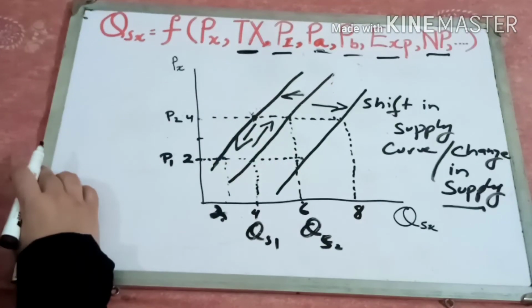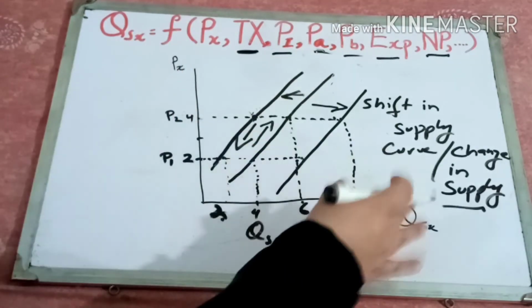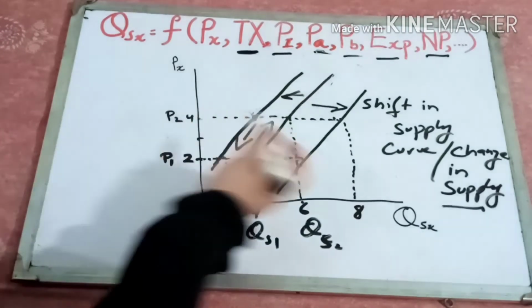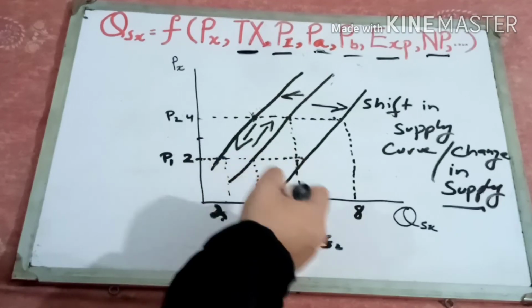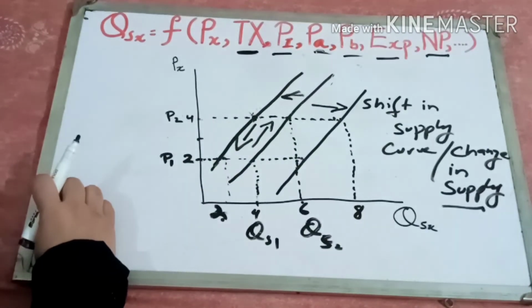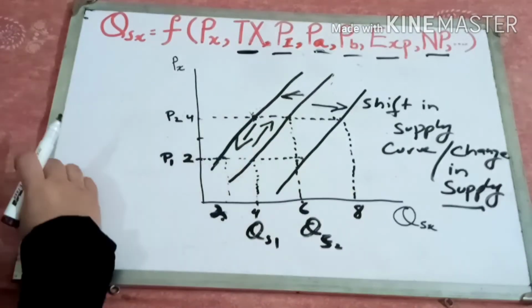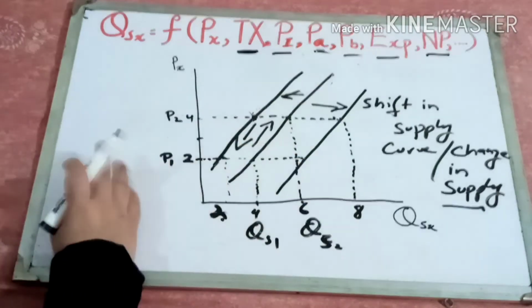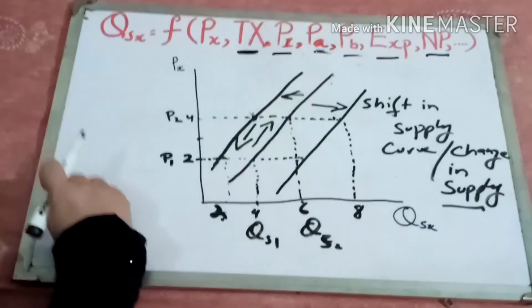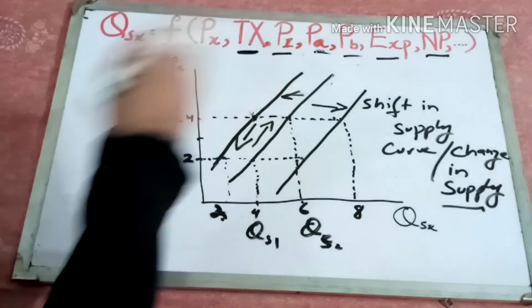I hope it has become clear to you how we derive a supply curve and how we plot the values on it, and also that price and quantity supplied have a direct relationship, which means the curve would be upward sloping.